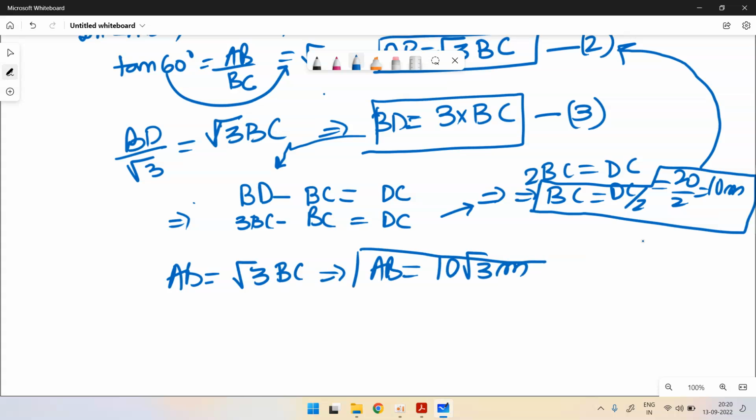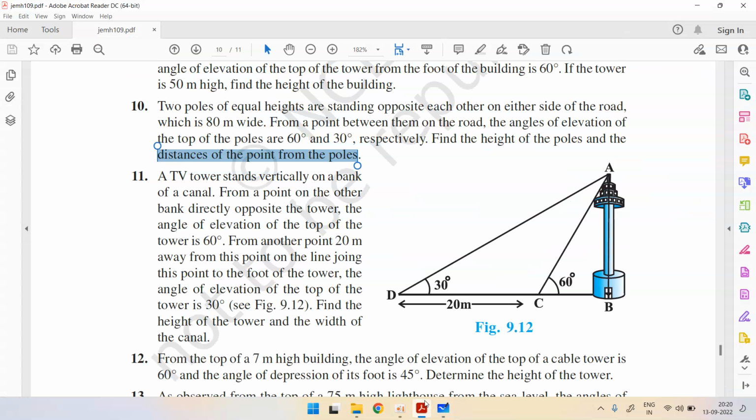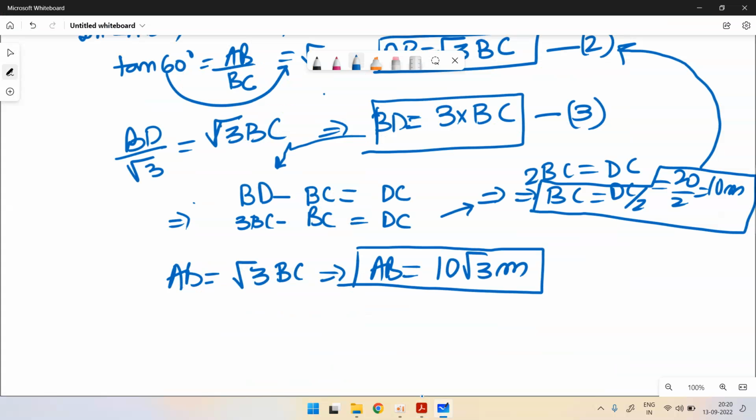The question asks us to find BC and the height of the tower. So the height of the tower is AB, which is 10 root 3 meters, and BC is the width of the canal, which is 10 meters. That is the answer.